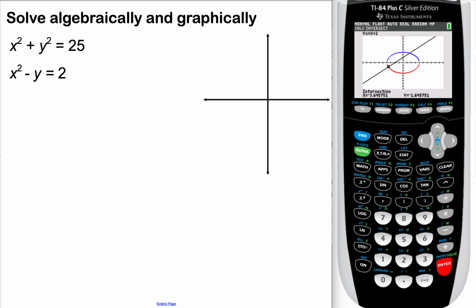So here, again, a circle. We can tell that it's centered at 0, 0 based on the x squared plus y squared, and we're looking at a radius of 5 because 5 squared is 25. So I draw my rough circle. Here I've got a parabola. If I get y alone, I can see it's y equals x squared minus 2, so I'm going to get a little parabola.